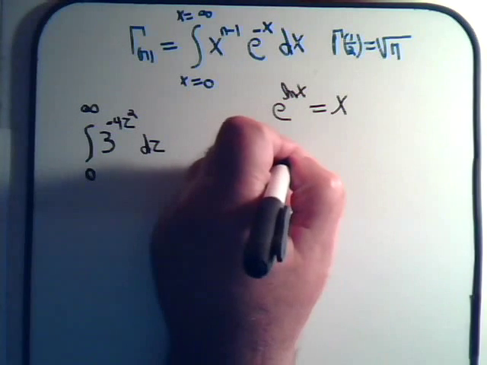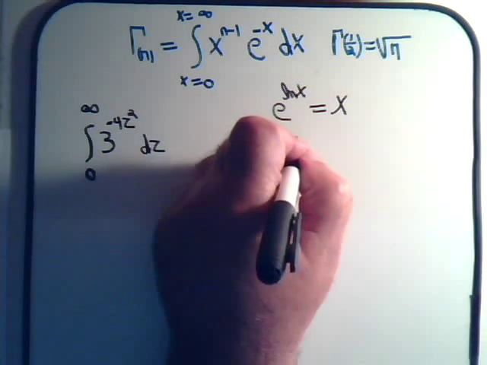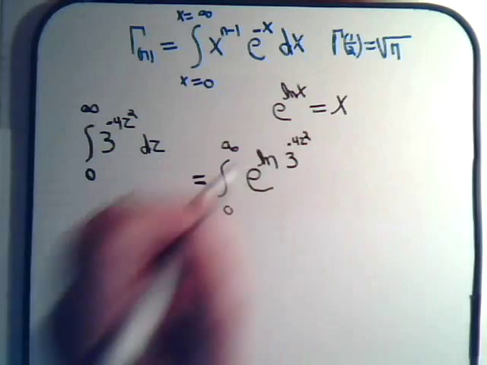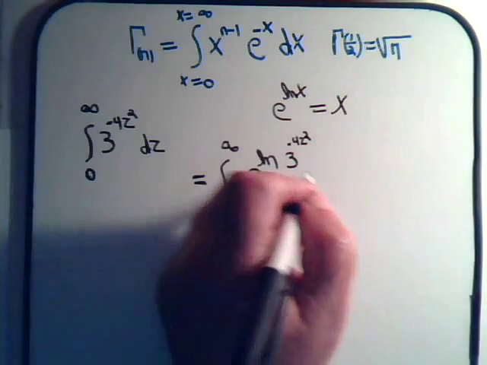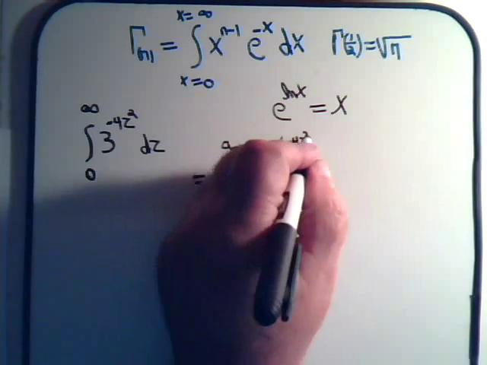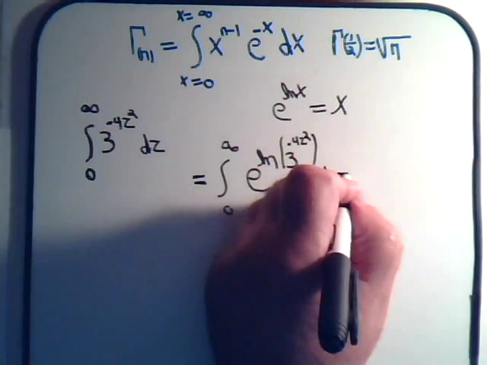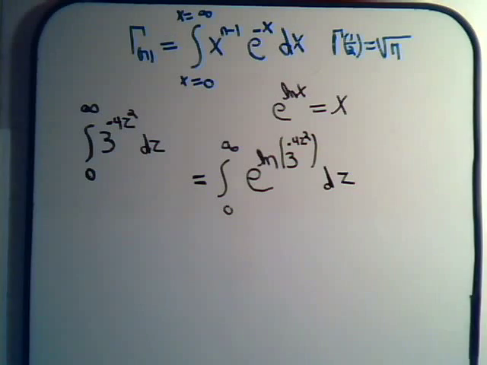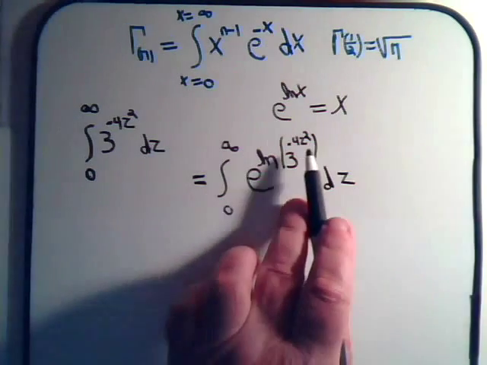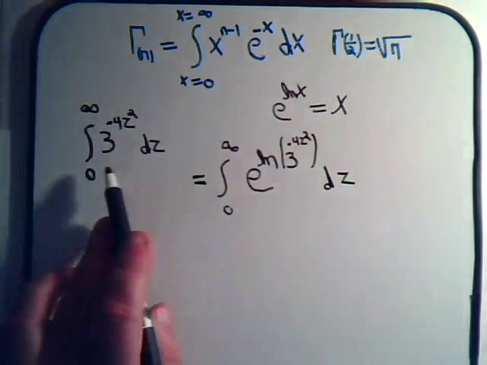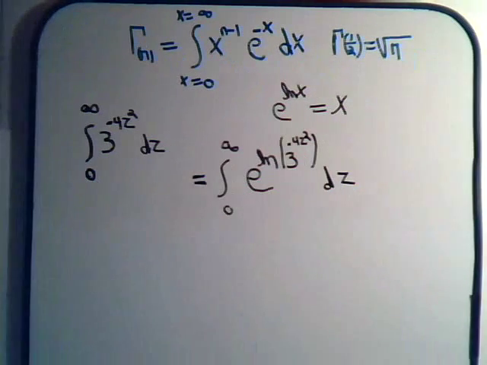3 raised to the minus 4z squared, dz. E to the ln of this is just going to be that, simply as basic definitions of the natural log.